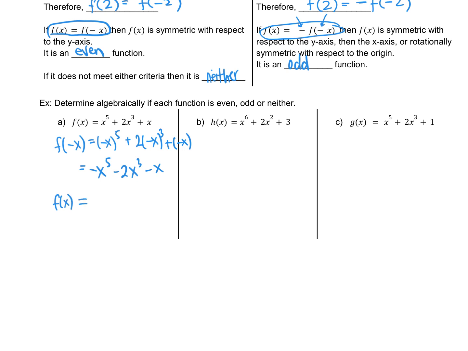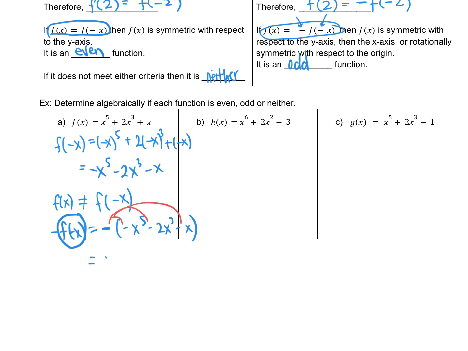F at x does not equal a reflection over the y-axis. So now we can conclude this is not even. So now let's test for an odd function. Since we already have f at negative x, I just have to take that expression and multiply it by negative 1, which means I'll just distribute that negative in.